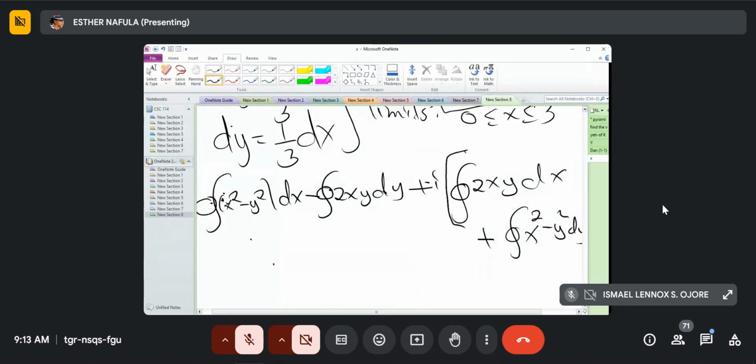But we want to use a third x in place of y and a third dx in place of dy, and then insert the limits of integration.